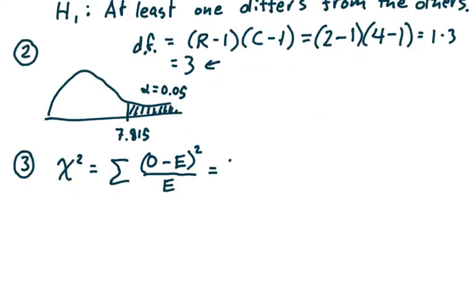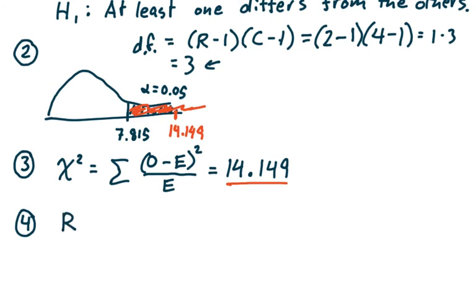So we do that work to calculate the test statistic, and that came out as 14.149. Step 4, we'll go ahead and make the decision, and 14.149 is greater than 7.815, of course. And so notice here it's inside the critical region, and so therefore we reject the null hypothesis.